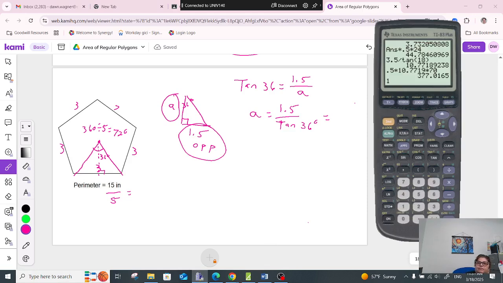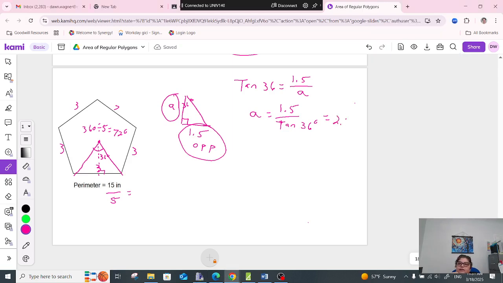So 1.5 divided by tangent 36 is 2.0646. That's the height. That's your apothem. Perimeter was given. I didn't have to recalculate it.